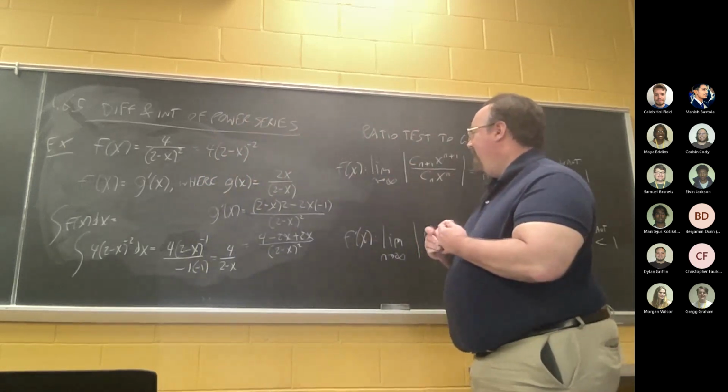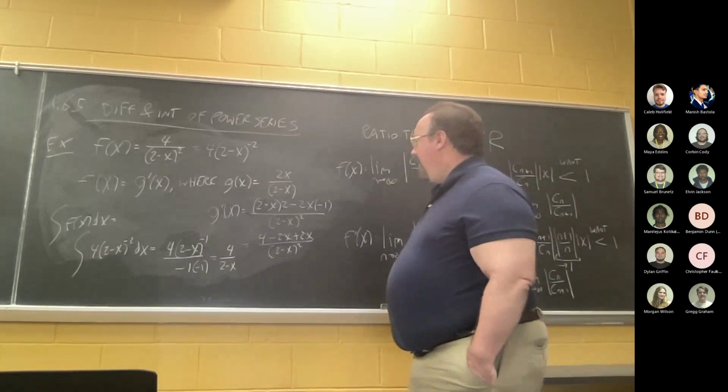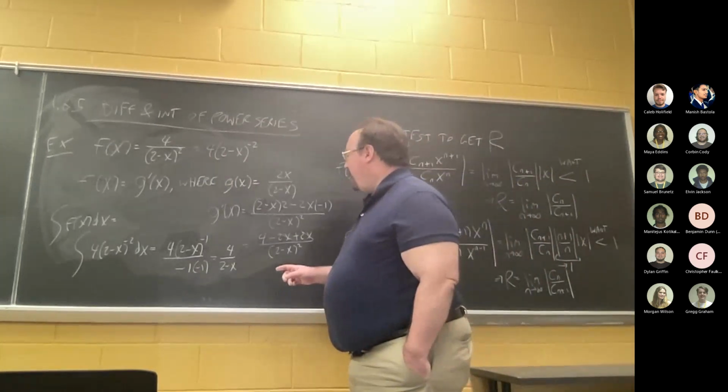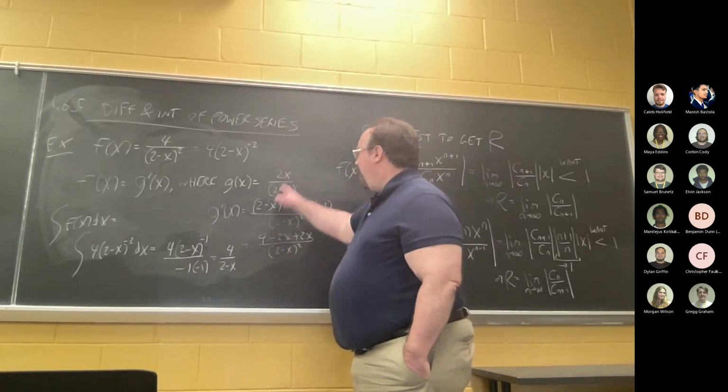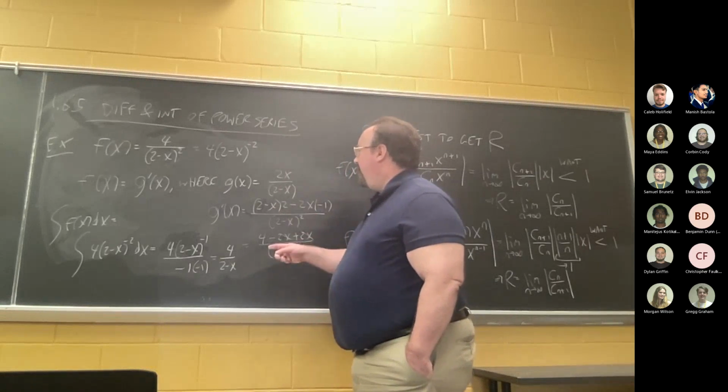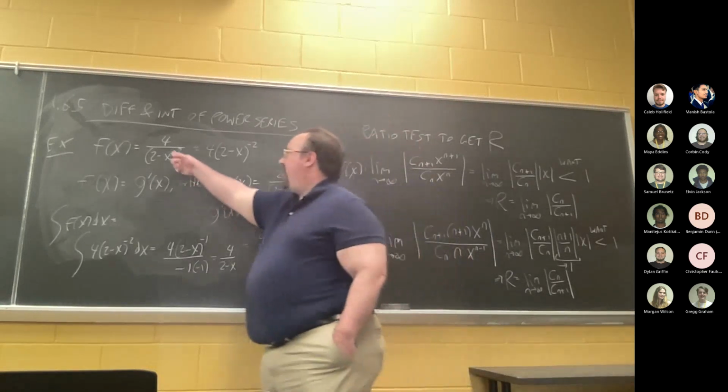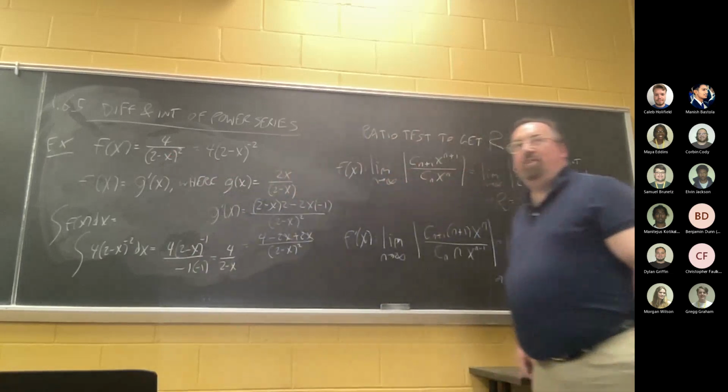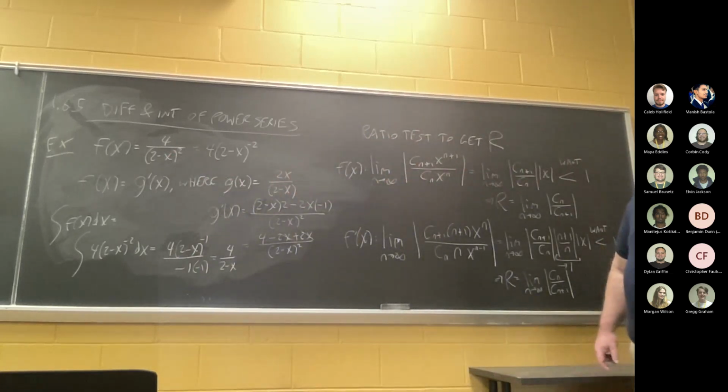Okay. Now, I now have two functions, this one and this one, whose derivatives are both this function right here. And that is in no way a contradiction, because why?